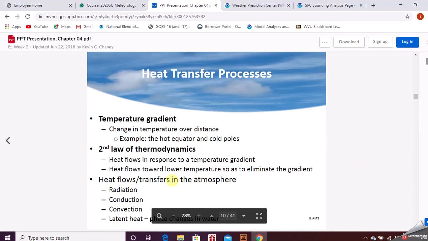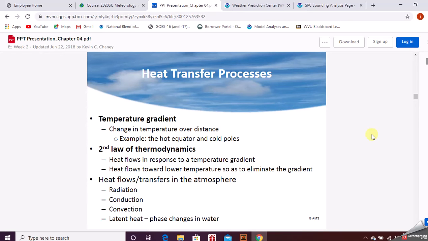Now, there are four various ways heat can transfer. Radiation, which we talked about in a lot of detail with the sun. That's how the energy comes from the sun. That's how heat transfers from the sun. Conduction, which I just demonstrated with your skin touching a hot object. Convection. We've heard about convection ovens and all that. Or if you ever look outside and watch a big bubble of a thunderstorm developing, that's convection.